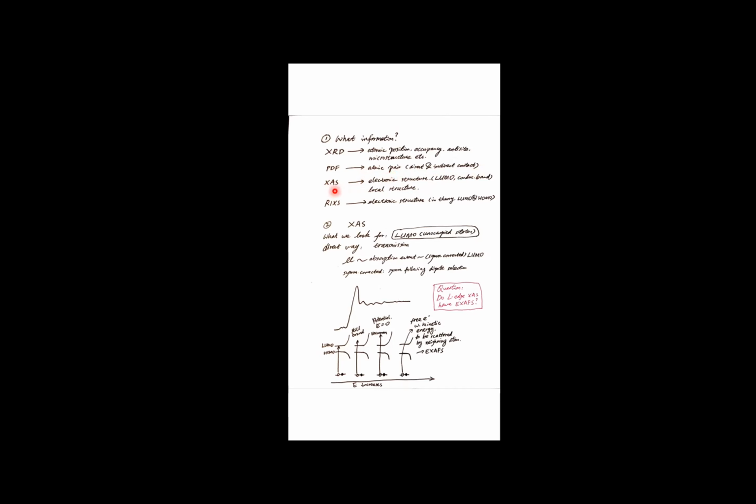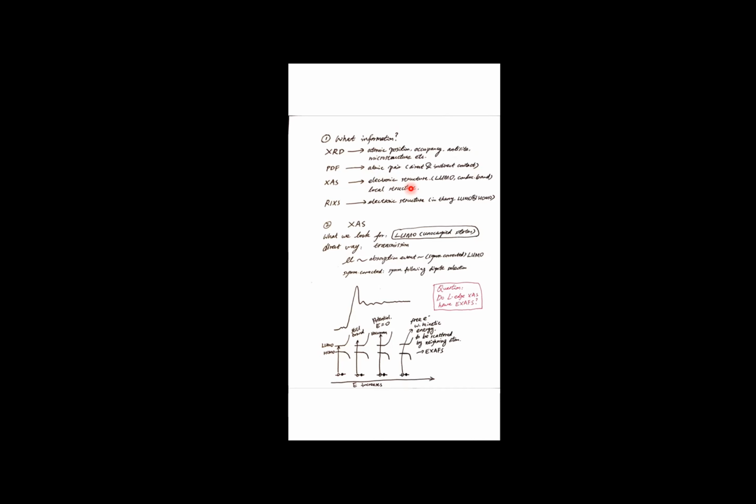For XAS, we are concerned about the electronic structure, right? I have said this many times, and for bulk probably, two things matter: crystal structure, or the atomic structure, and the electronic structure. They both matter very much to battery materials, right?